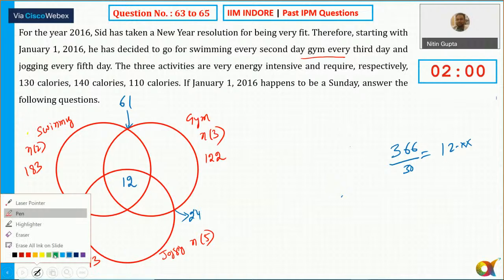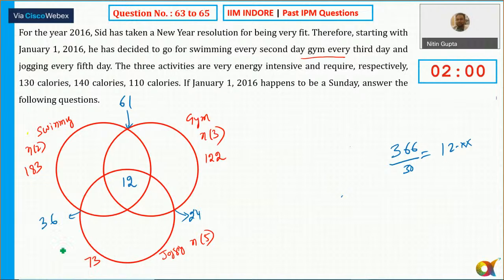I'm sure that now you can all find the other parameters. Only swimming and gym is 61 minus 12, which is equal to 49. Only gym and jogging is 24 minus 12, which is 12.